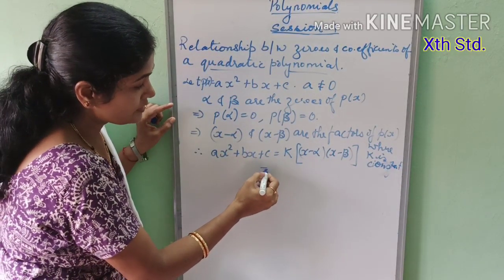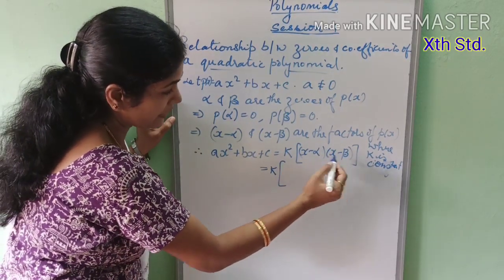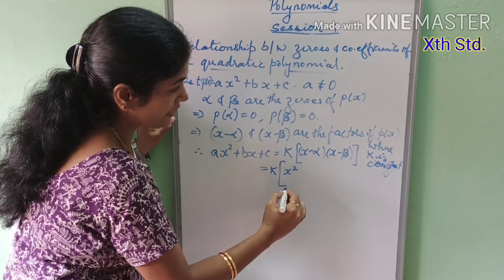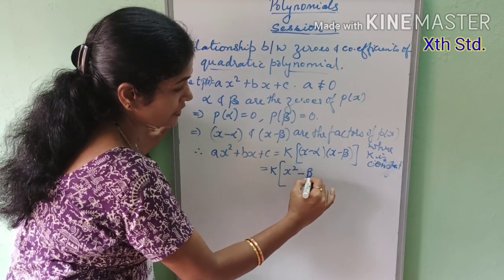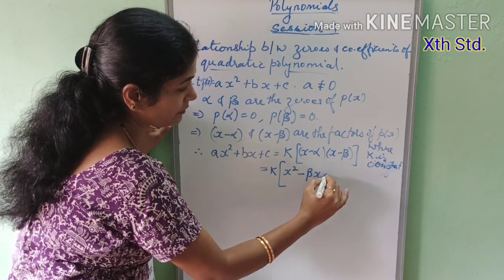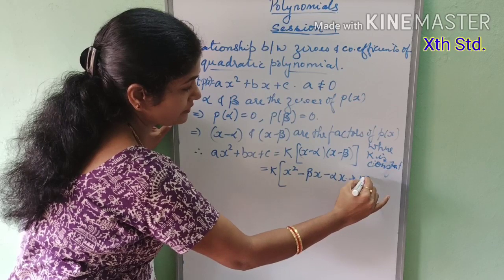Now simplify this side. K into multiplying this, what will we get? x square minus beta into x minus alpha into x plus alpha beta, right?